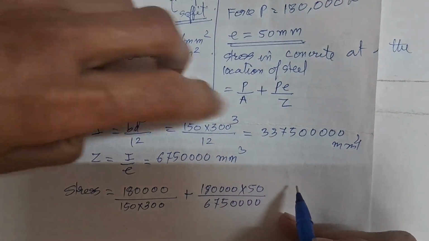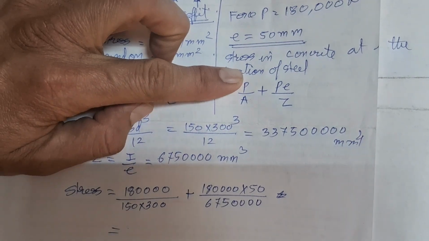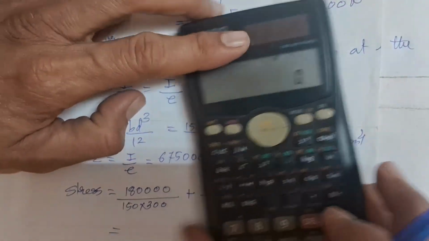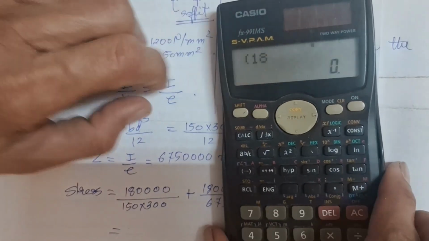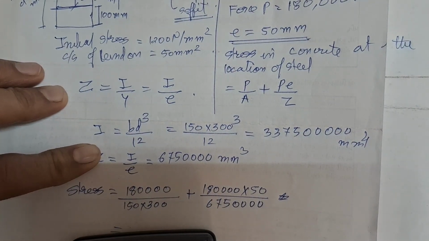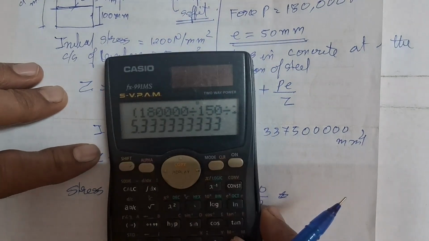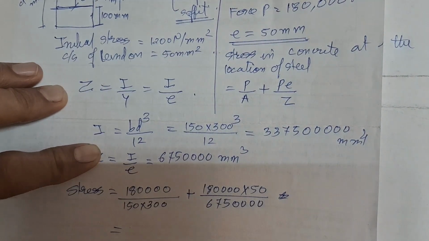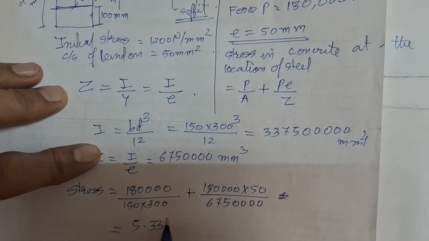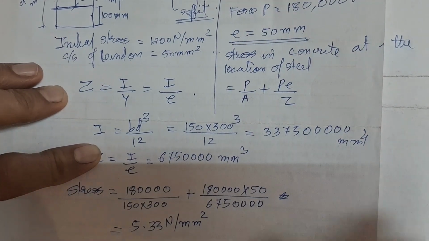Let me calculate quickly. The answer we are getting is 5.33 Newton per mm square.